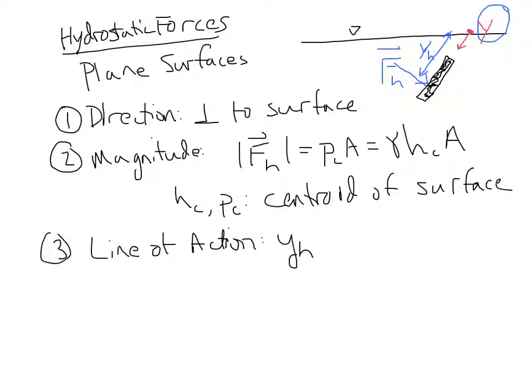And the result for the line of action is that y_h is equal to y_c plus the second moment of the shape of the surface divided by the location of the centroid times the area of the surface.